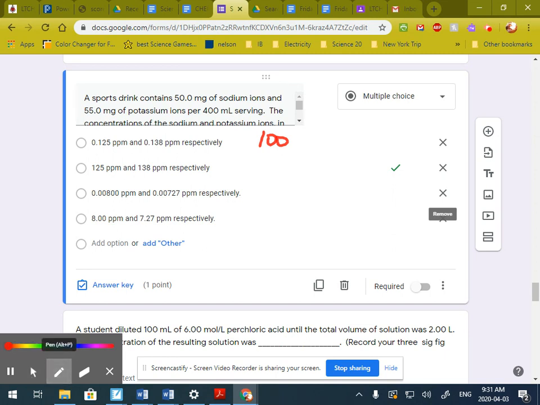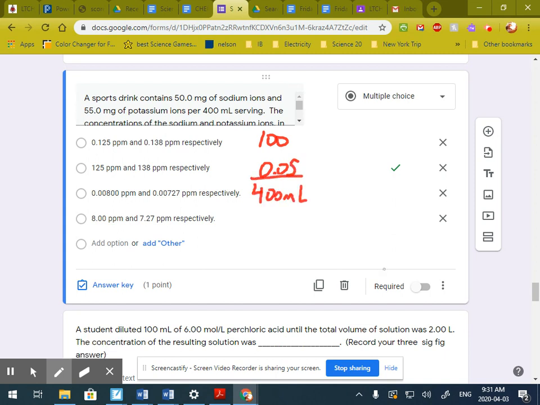Anyway, so we have 50 milligrams and 55 milligrams, but our volume is in milliliters. Milligrams and milliliters are not the same scale. So you would have to divide your milligrams by 1,000 to get grams to have them in the same scale. So the first one would be 0.05 over 400 times 10 to the 6.